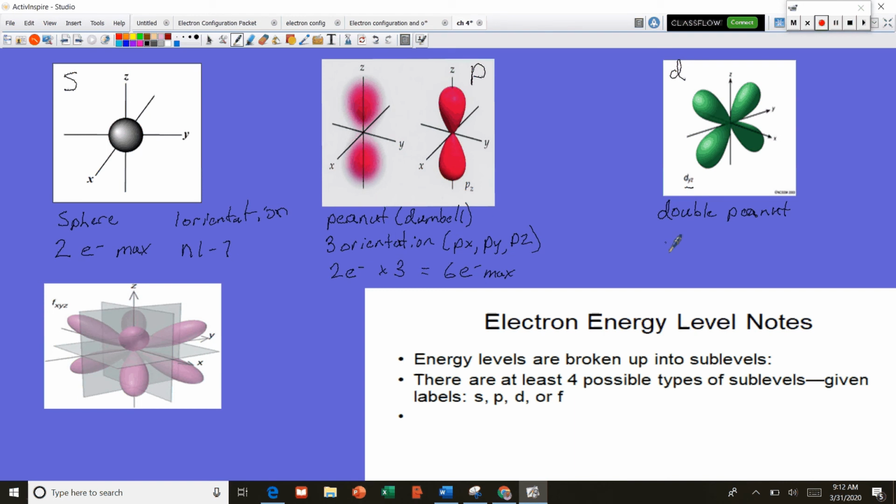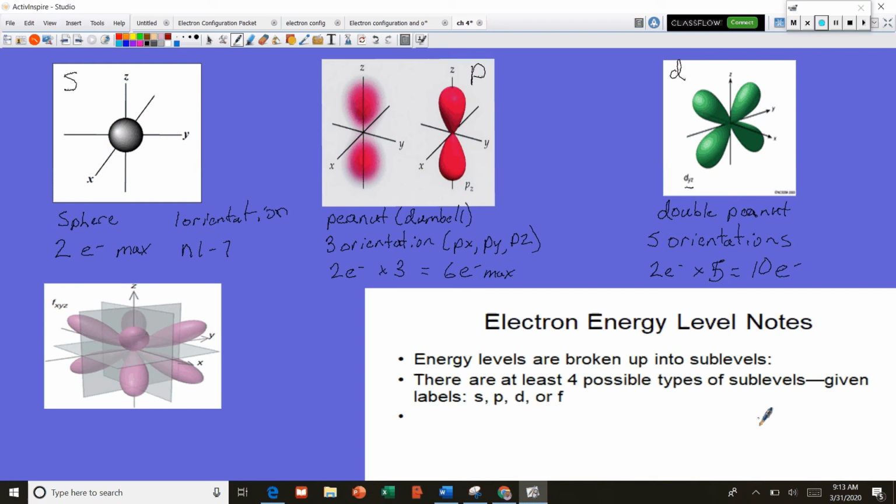So, sorry, XZ, where it's standing up like that. So in this one, there are 5 orientations. Each orientation can hold 2 electrons. So that means if we have 5 orientations, it can have 10 electrons maximum. All right. So 2 electrons for each orientation.